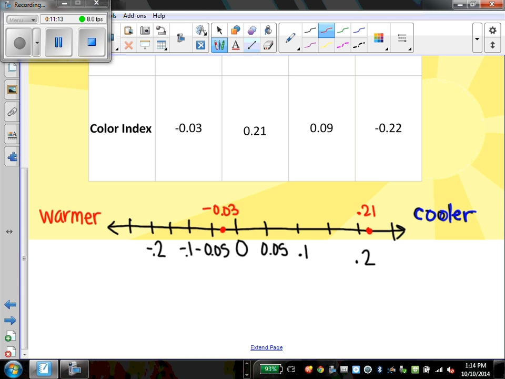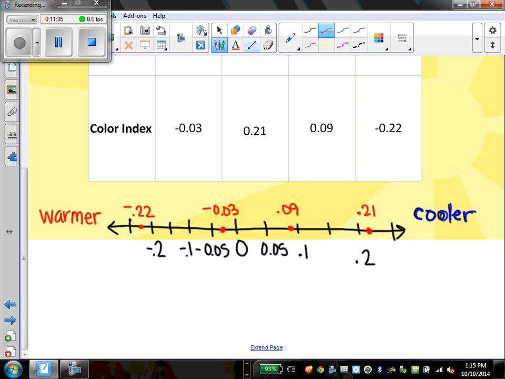Then we have 0.09, so that's just before the 0.1. And then we have negative 0.22, so 0.2 negative, and then a little bit further, it's going to get us to negative 0.22.